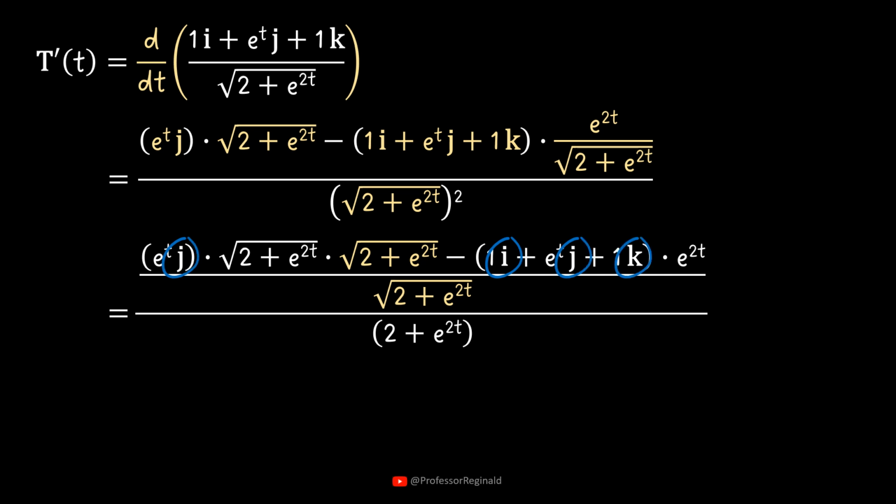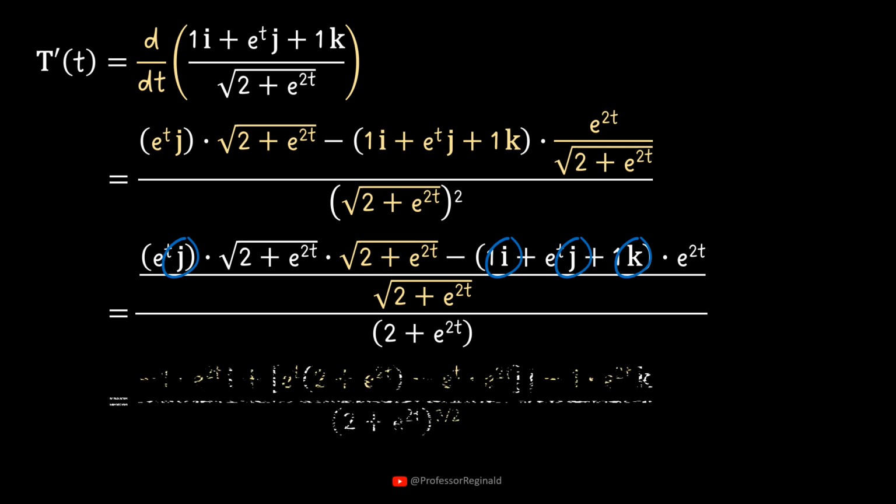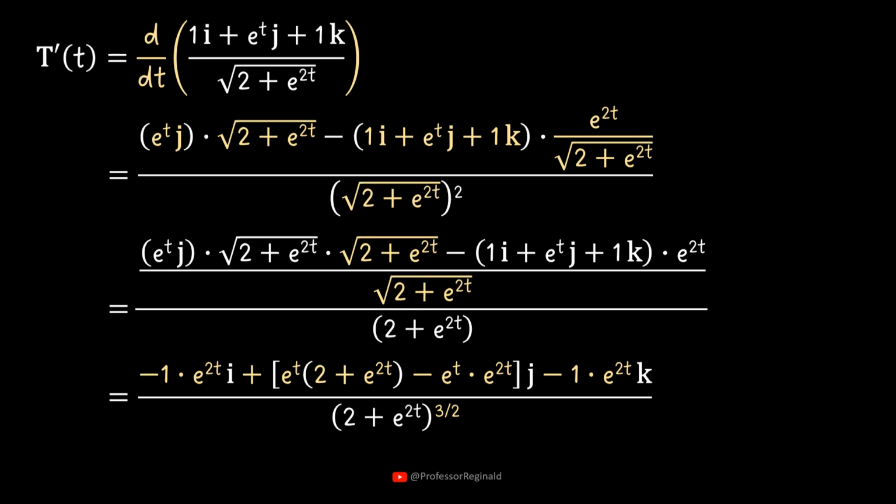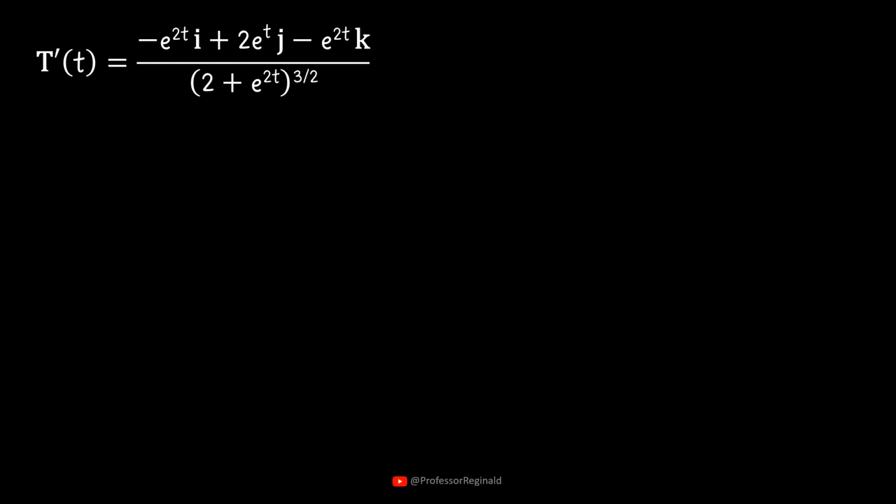And simplify using a property of fractions, and then simplify the x, y, and z components further. Now we have the derivative of the unit tangent vector, which is also the normal vector.